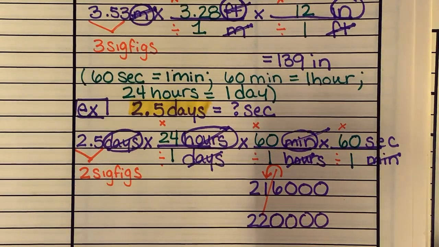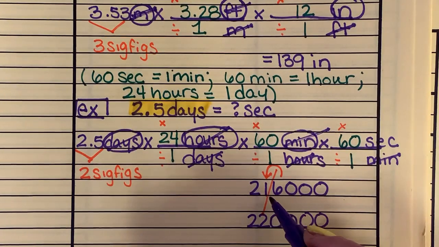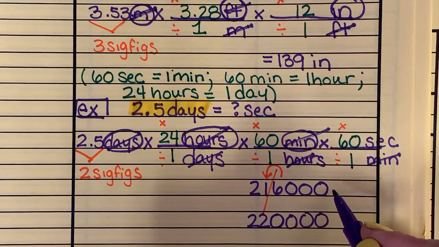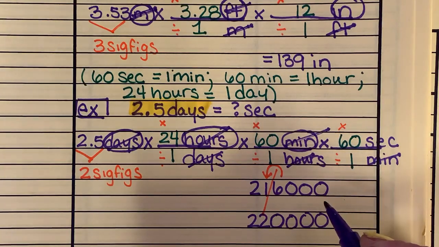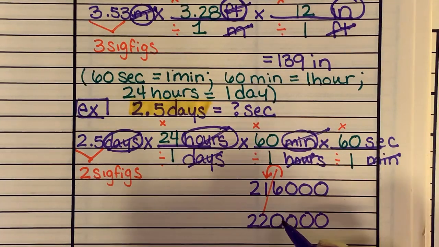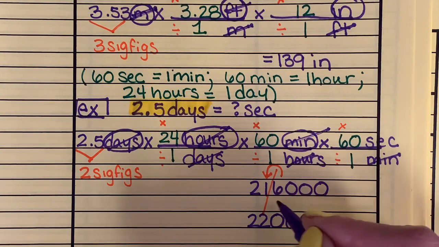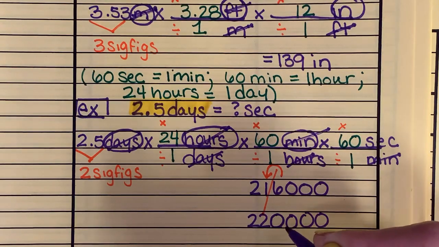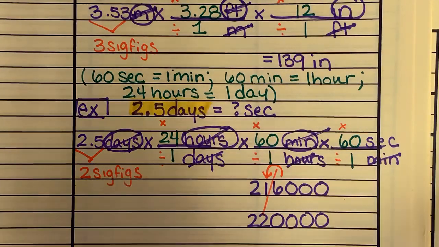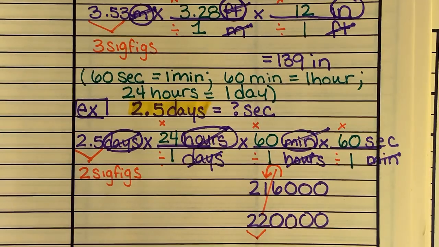So instead of saying I've got 216,000, I've got about 220,000, okay? I'm getting rid of the number I don't know. I'm turning it into a placeholder 0 so that I'm only keeping 2 sig figs, okay?